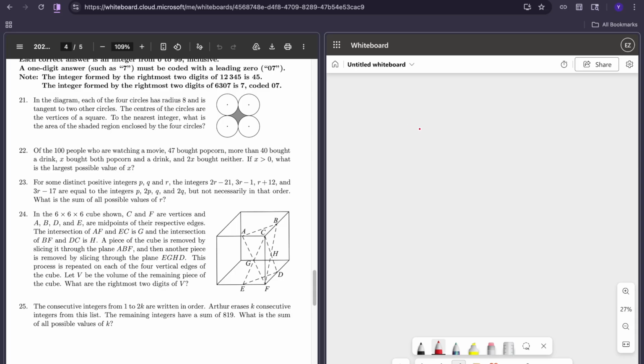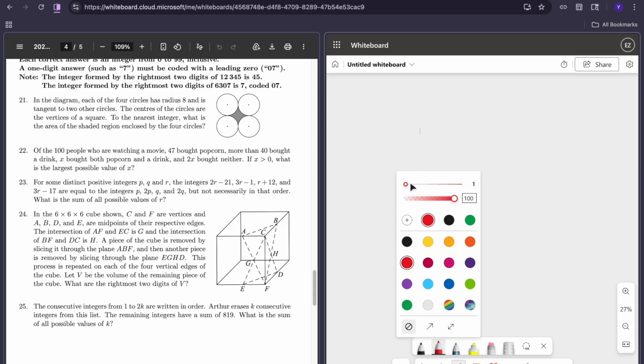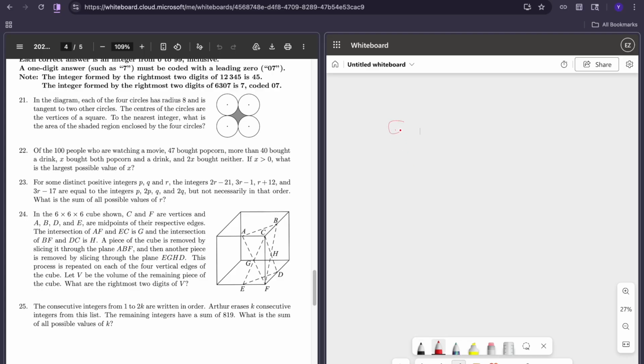So this means CE is equal to 2CG. This also applied to CD, AF, BF.